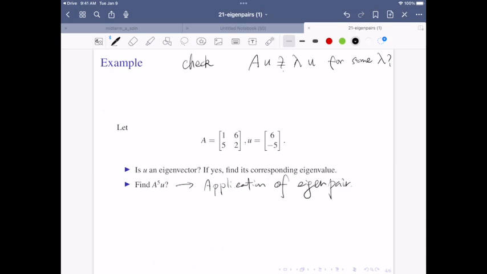The left hand side is Au, which is the matrix 1 6, 5 2 times 6, negative 5. So we do regular multiplication. This and this multiply together: 6 minus 30.